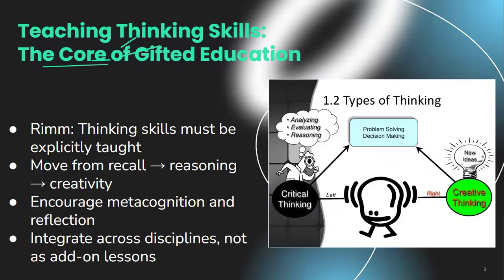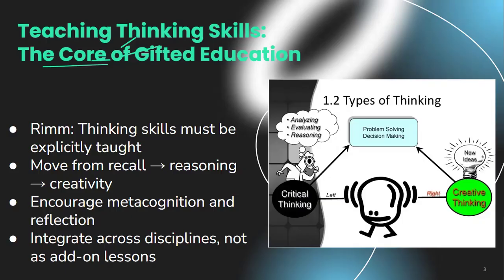In practice, this involves modeling how to question, infer, hypothesize, and test ideas, not just presenting content. Importantly, these ideas should be integrated across all subject areas, not siloed in enrichment or extension lessons.